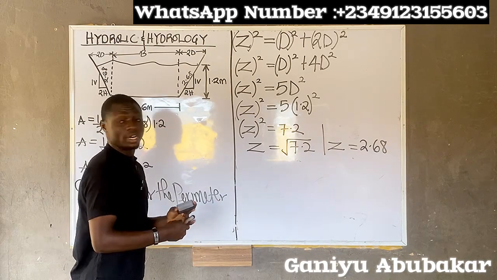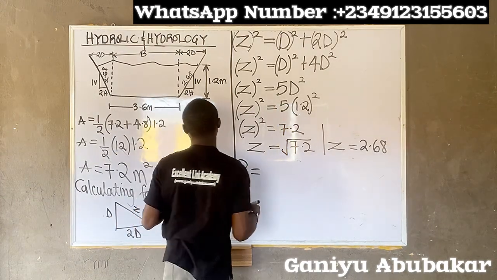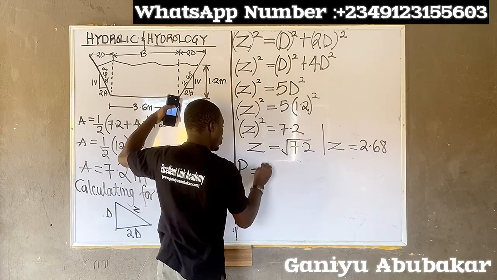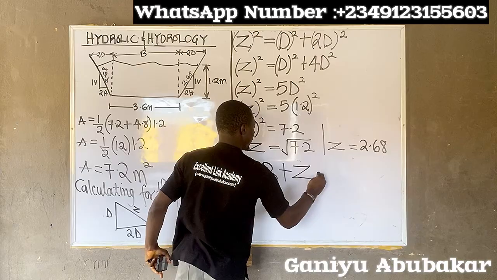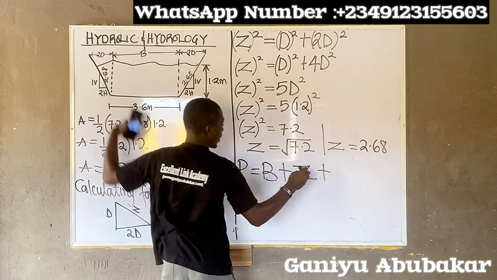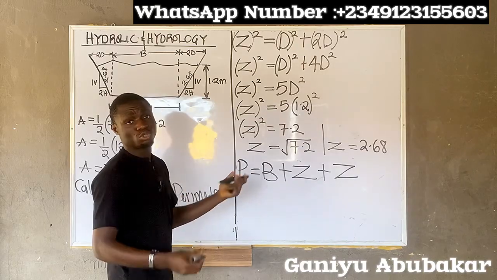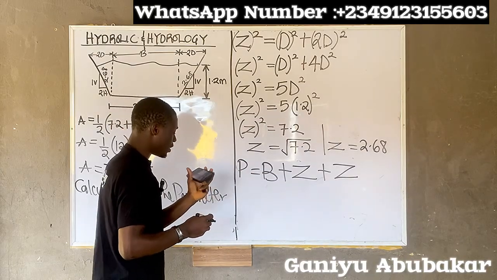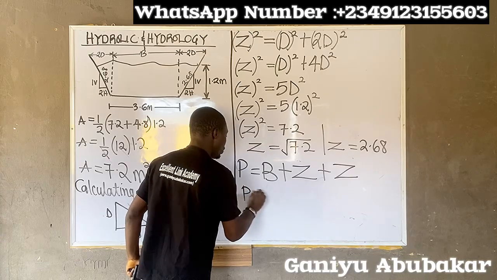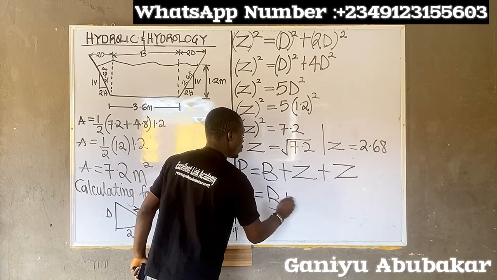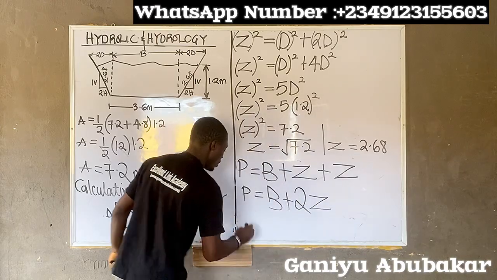So moving on here, for the perimeter, P will be equal to, as simple as adding this B, so that becomes B plus this Z part here, plus of course another Z. I can call it whatever; you can call yours A or B. I just choose to use Z here. So this gives you P equal to B plus 2Z.